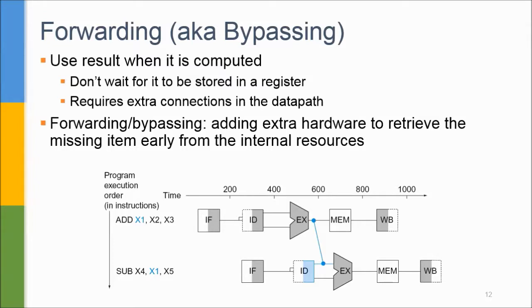For example, there cannot be a valid forwarding path from the output of the memory access stage in the first instruction to the input of the execution stage of the following one, since that would mean going backward in time. Forwarding works very well. It cannot prevent all pipeline stalls, however.